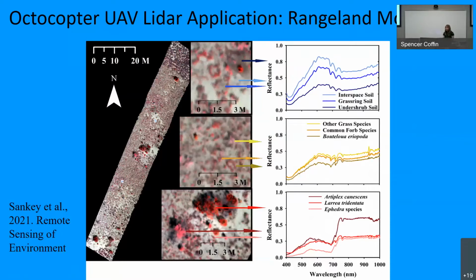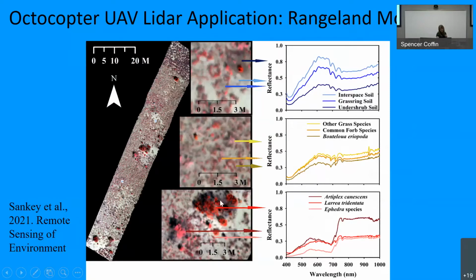We're able to do this by combining the LiDAR data with a hyperspectral image that we're getting from the same octocopter. So here I show several different vegetation plots that we imaged with the octocopter UAV.